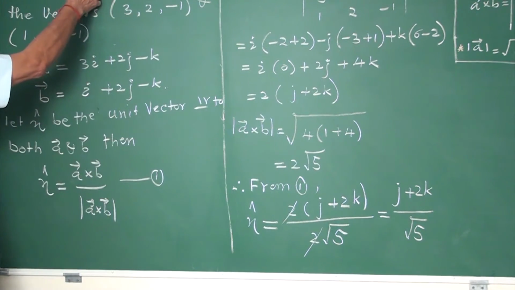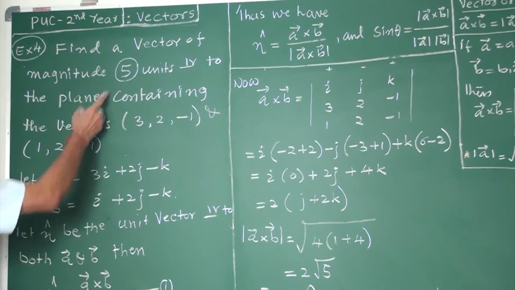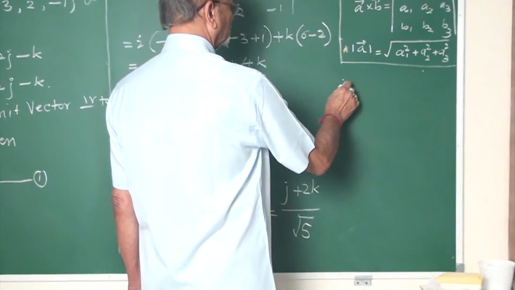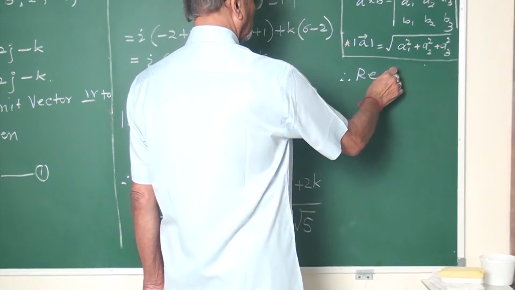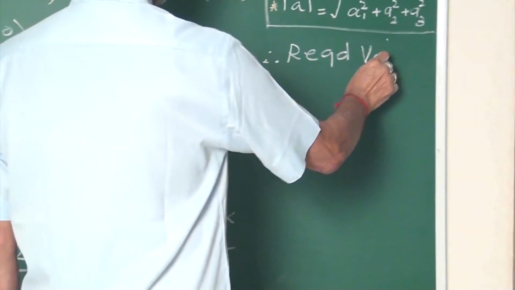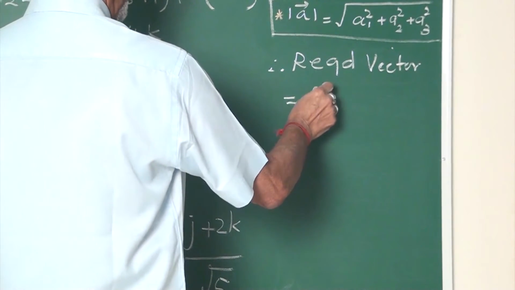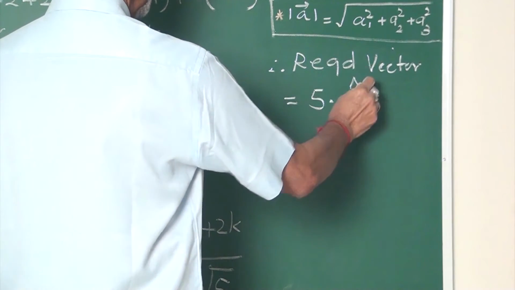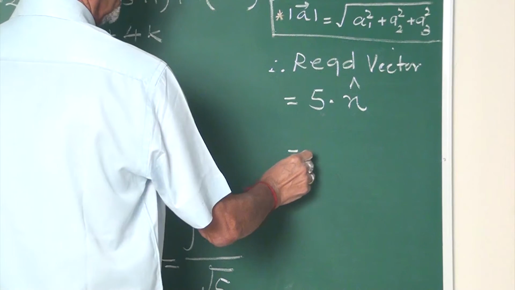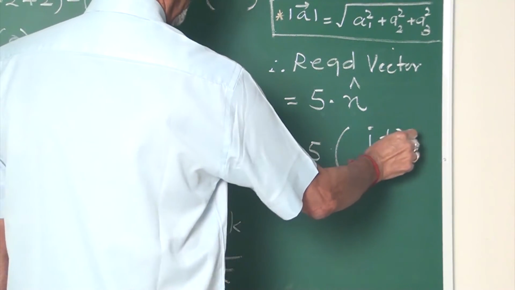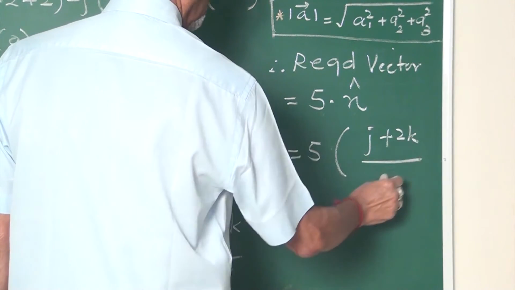We wanted a vector of magnitude 5. Therefore, the required vector is 5 into eta cap, magnitude 5 into 1, which is 5 into j plus 2k, denominator root 5.